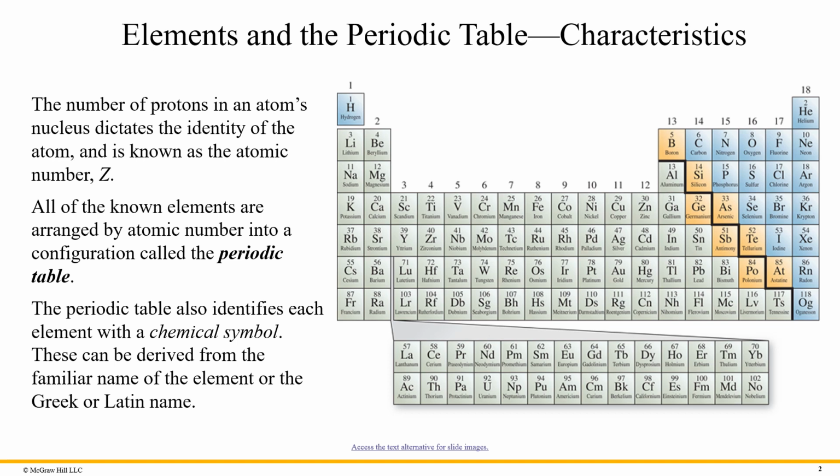And so they were named before that, and they typically were named by using Greek or Latin names. And in Latin, the name for sodium is natrium, and so you can see that Na is the correct shortcut for that name.